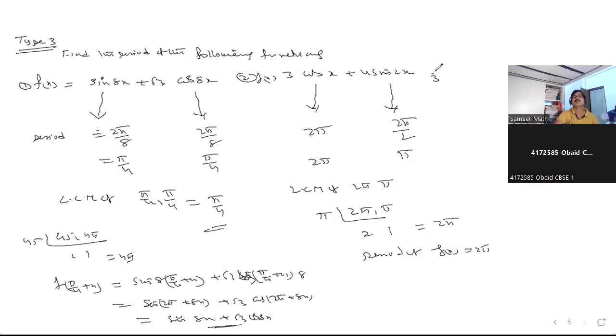Now I want to take the third one also. See, you try to find the difference. What is the difference here? You see this now. I want to take one more example. Suppose he has given the function like this, cos x plus 3 tan 2x.